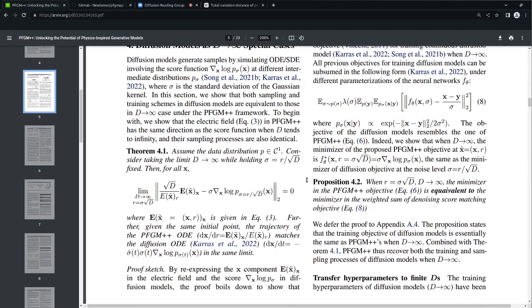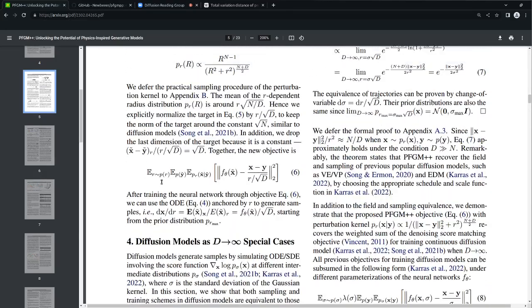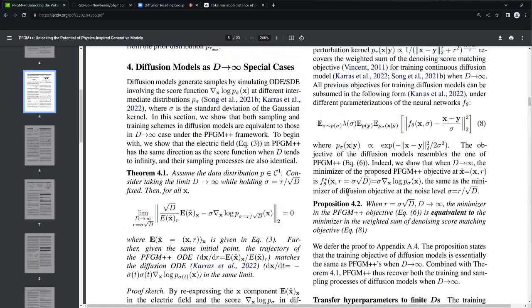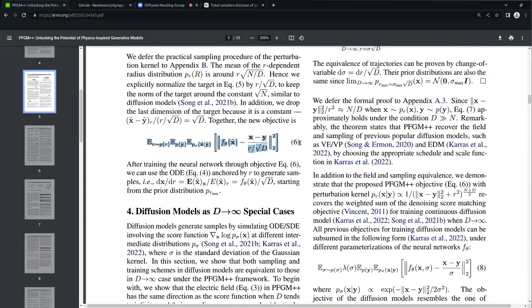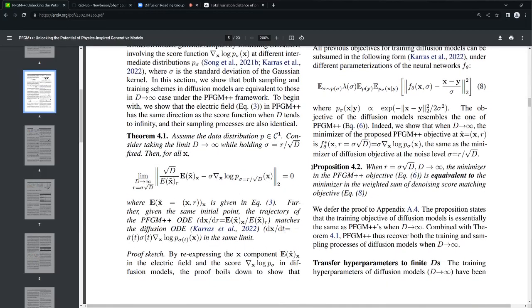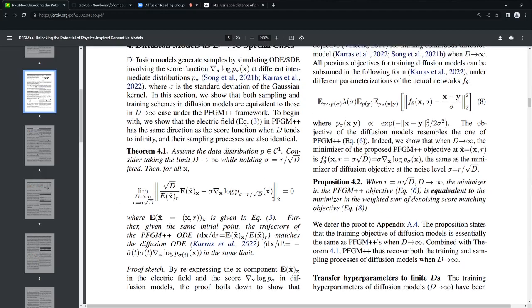They're saying that when you train with your PFGM++ objective, theorem 4.2 says that minimizing this objective is equivalent to minimizing the diffusion score matching objective. So the minimizer, the actual model you get when you minimize, are the same or equivalent, which is a different thing than these two fields being technically the same.